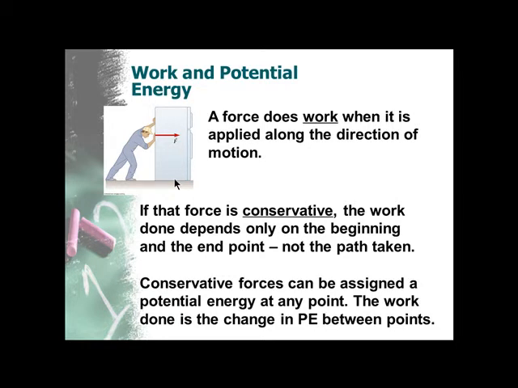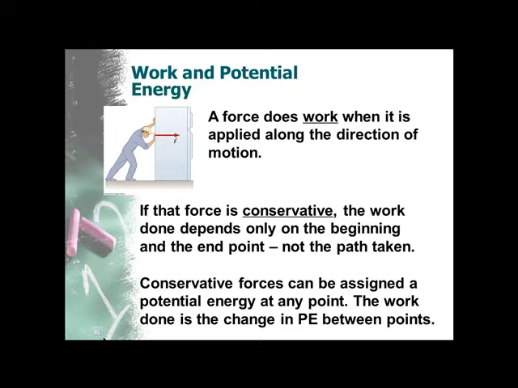And that's very commonly what we do when we have a ball that is a certain height above ground. So let's consider the bottom of this slide the ground. And let's say that I have a ball that's at some height above the ground. And I know that I can assign this position a potential energy of U equals mgh. And then as it falls, gravity does work on the ball.